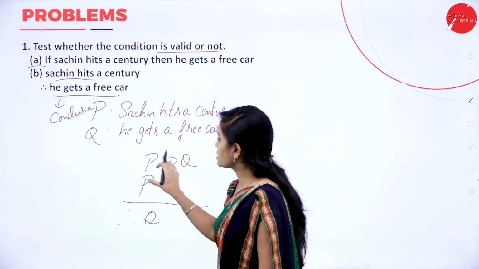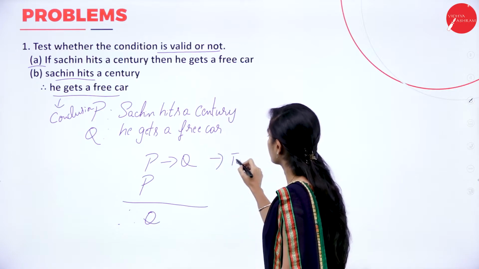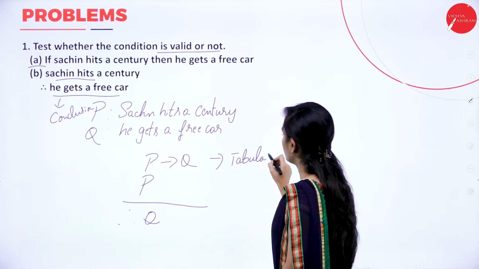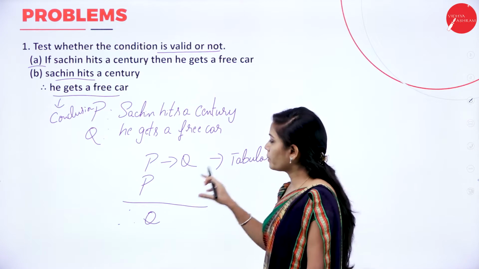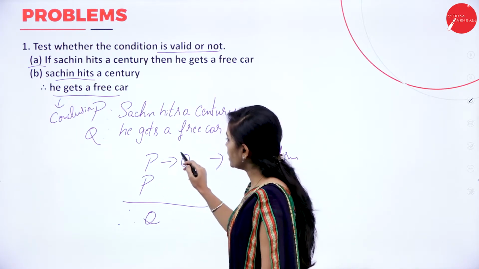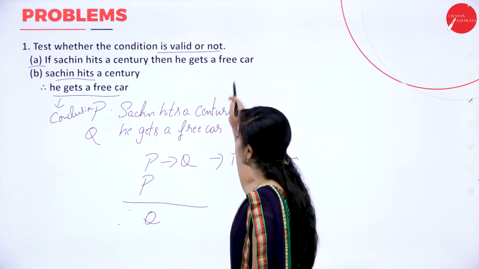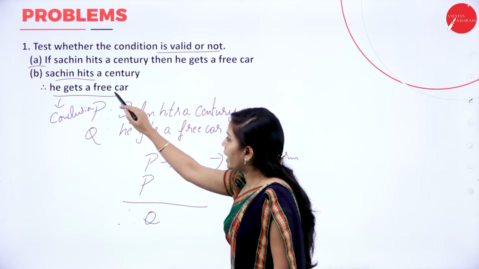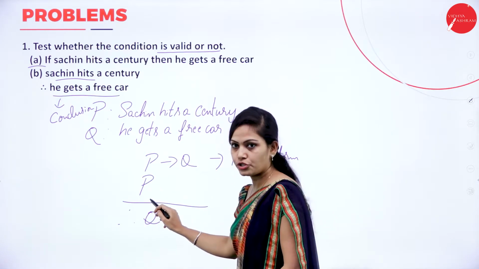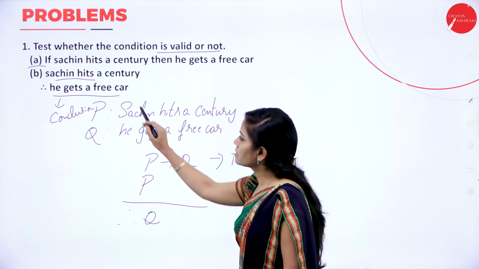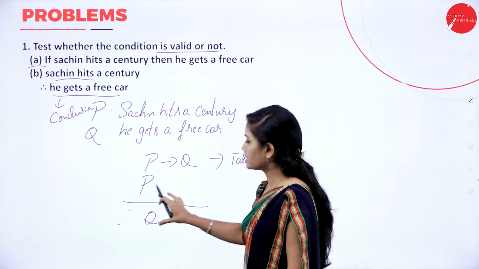This is called the tabular form. Then the argument can be read as, if Sachin hits a century, then he gets a free car, and Sachin hits a century, therefore he gets a free car. So this is called the tabular form.